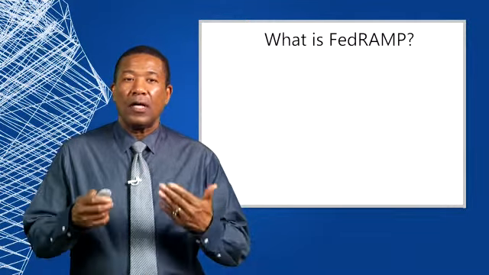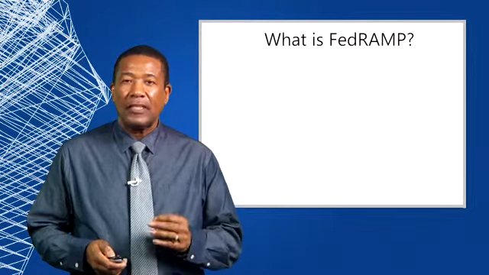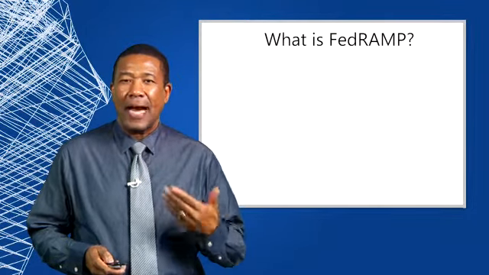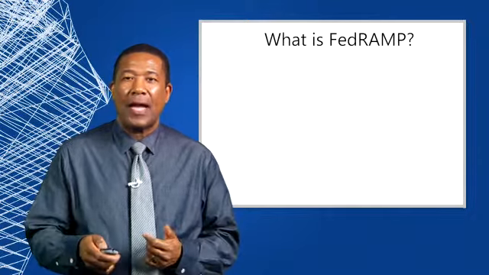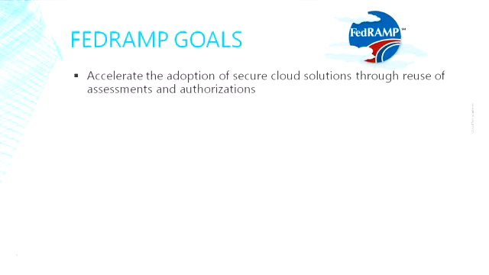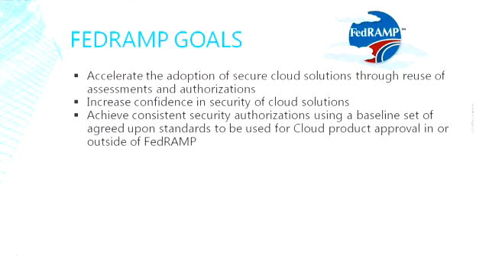The goals of FedRAMP are to accelerate the adoption of secure cloud solutions through the reuse of assessments and authorizations. It is supposed to increase the confidence and security of cloud solutions, and achieve consistent security authorizations using a baseline of agreed upon standards.